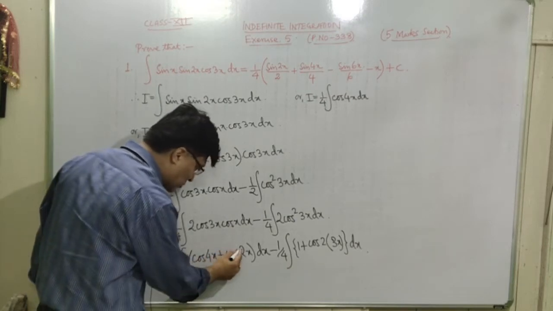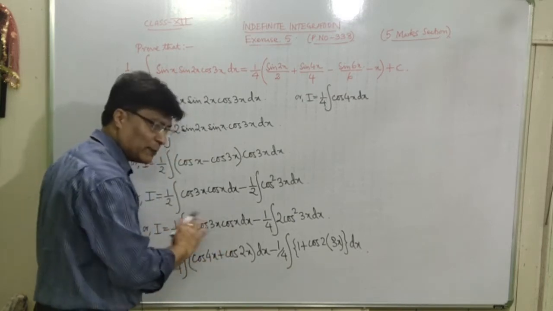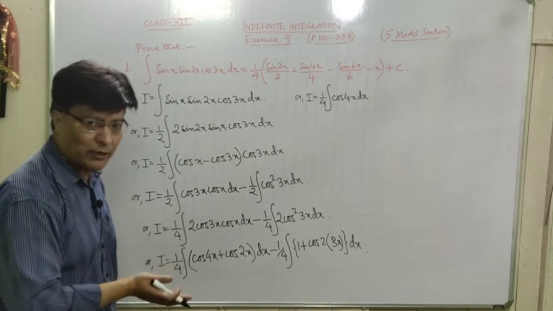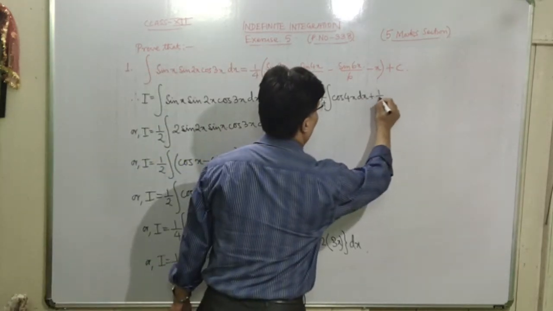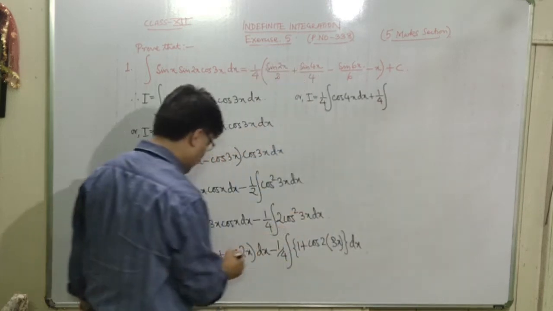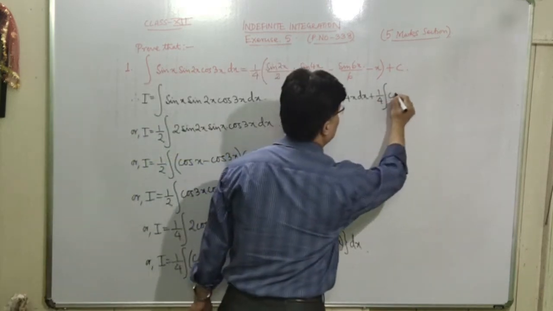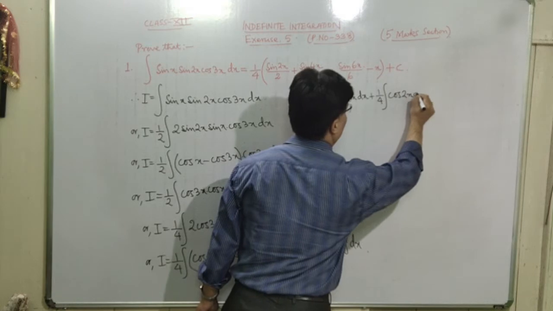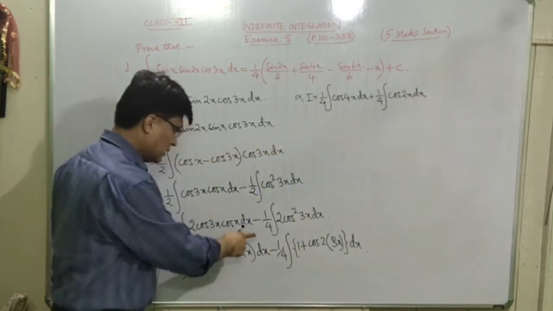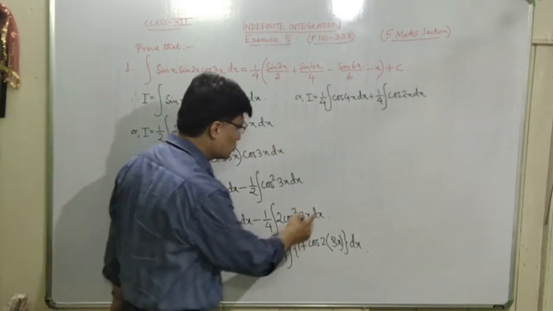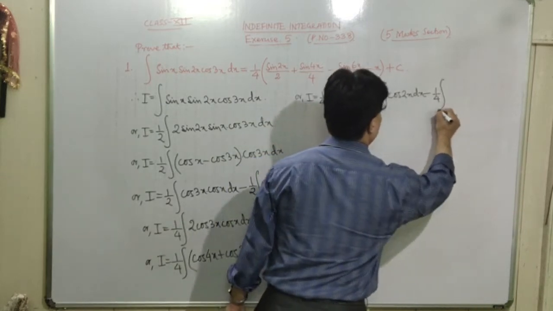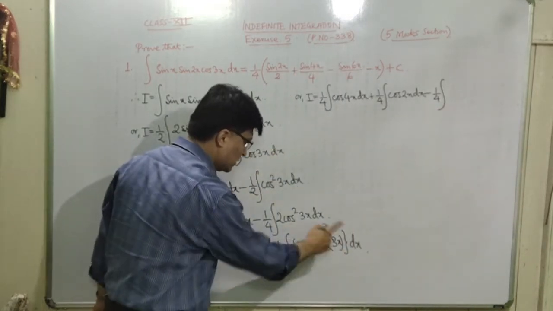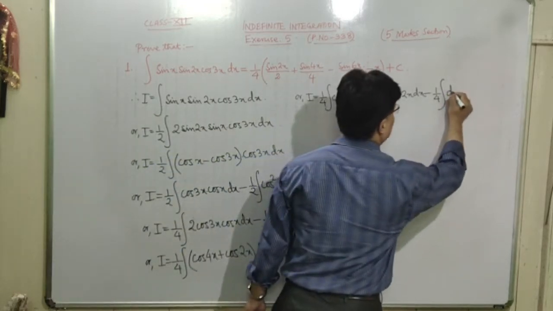Again you have to multiply this by 1/4; we are separating the terms. And then the last one is minus 1/4 integration of 1 into dx, which is dx.